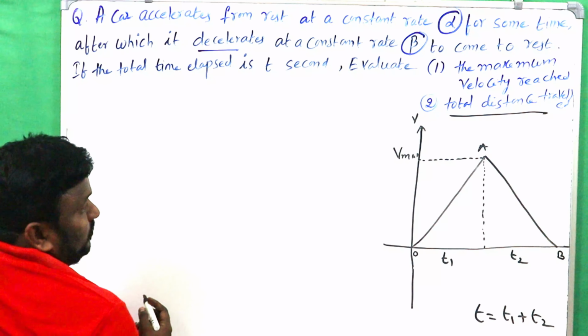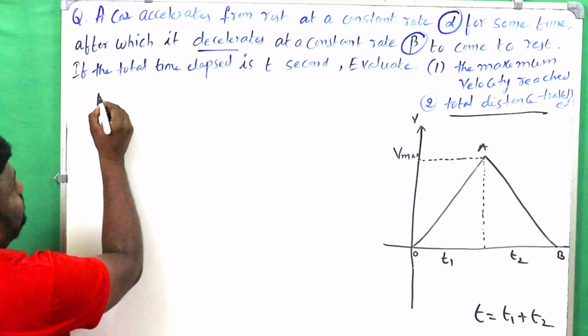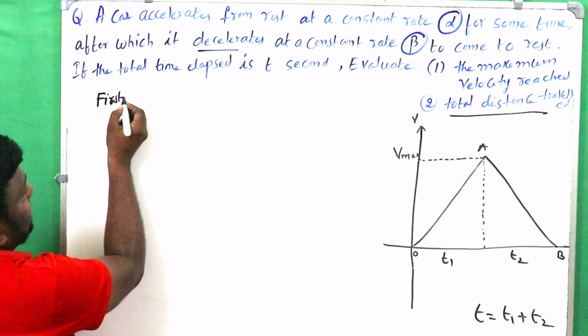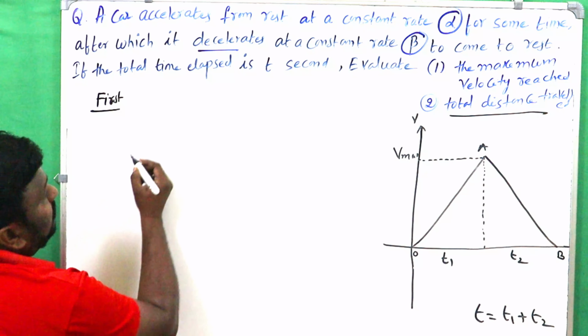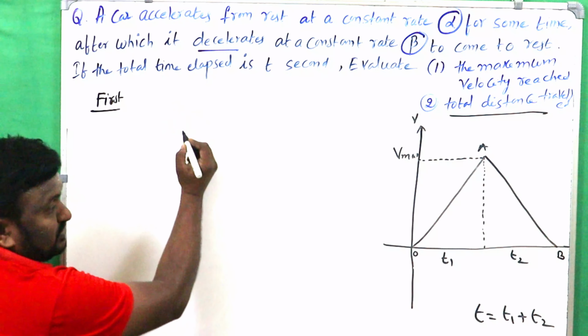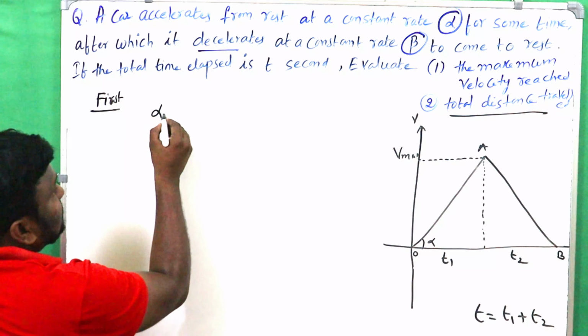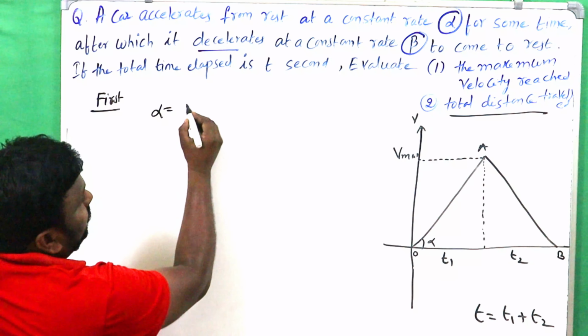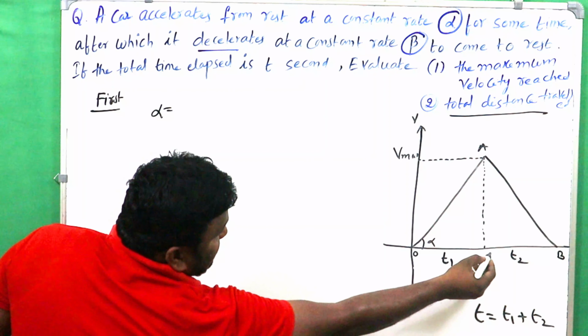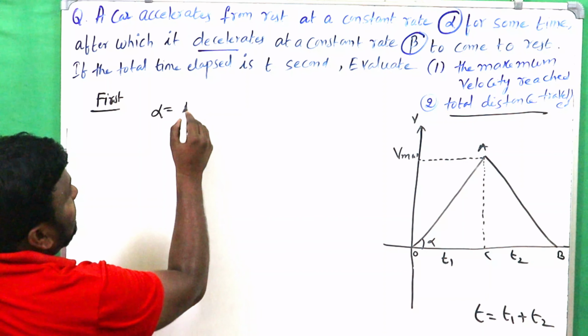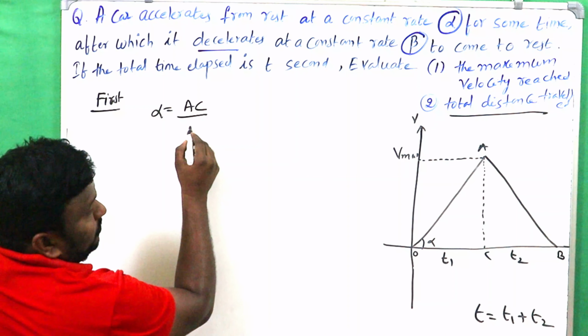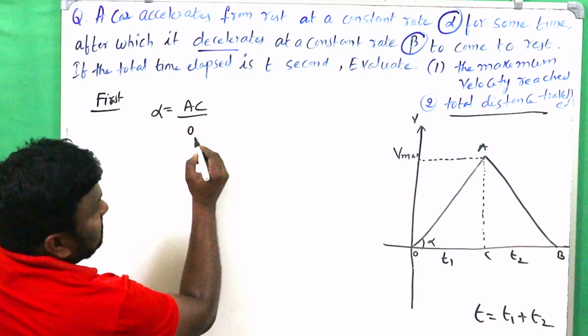Let's see here. For the first part, the slope is alpha. Here alpha is equal to AC by OC.